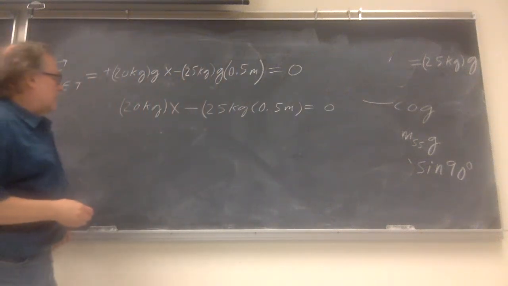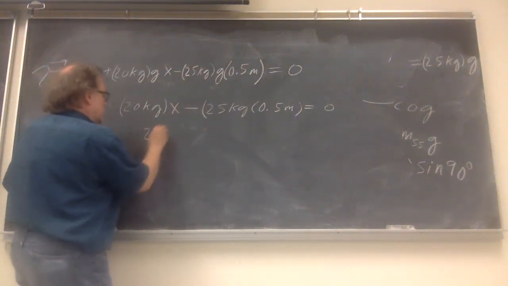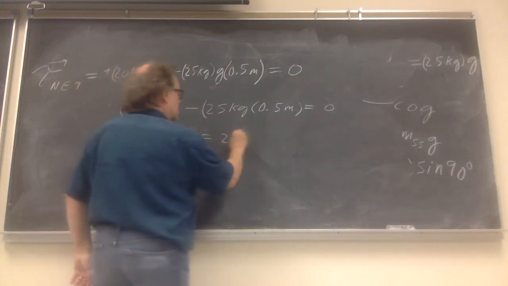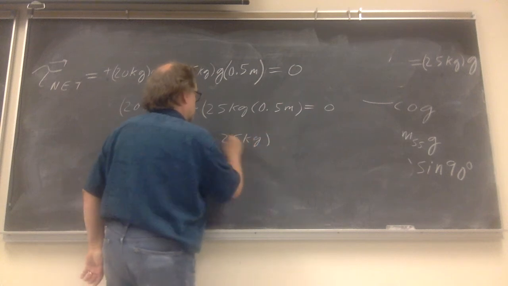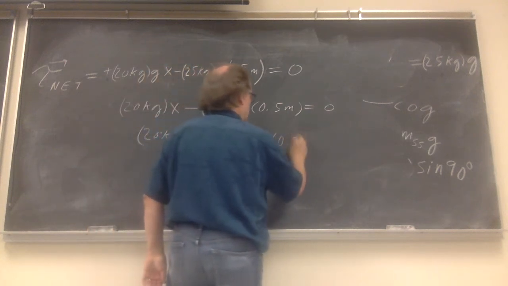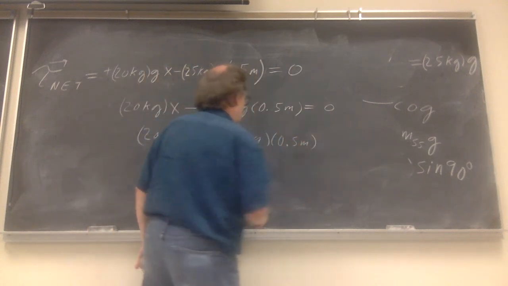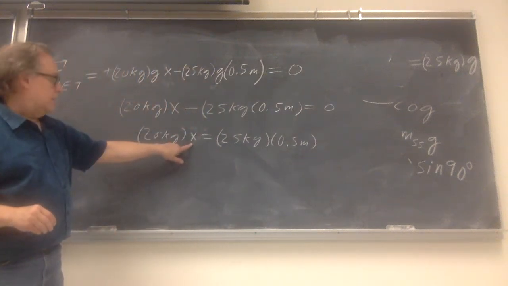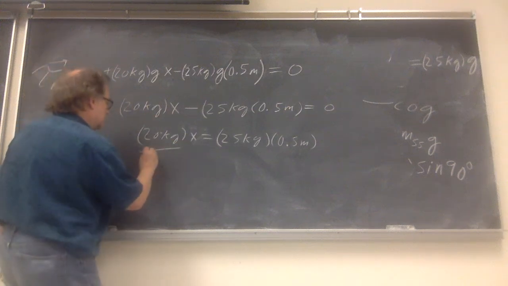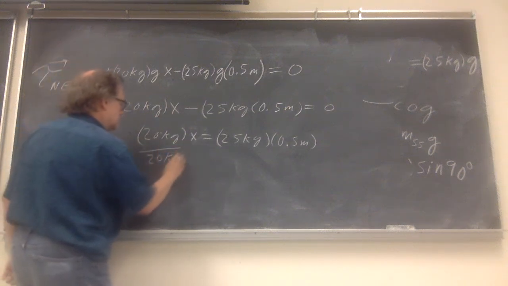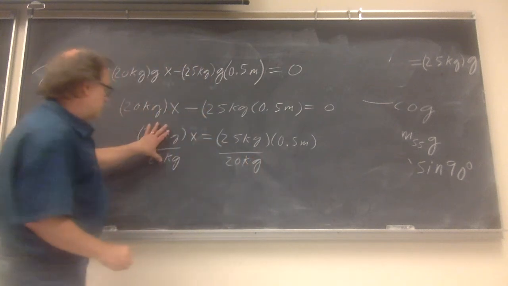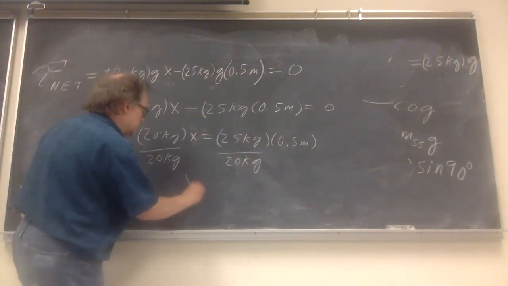You do a little bit of algebra and you rewrite that as 20 kilograms times X equals 25 kilograms times 0.5 meters. Solve for x by dividing both sides by 20 kilograms. So 20 kilograms divided by 20 kilograms, that's just 1.